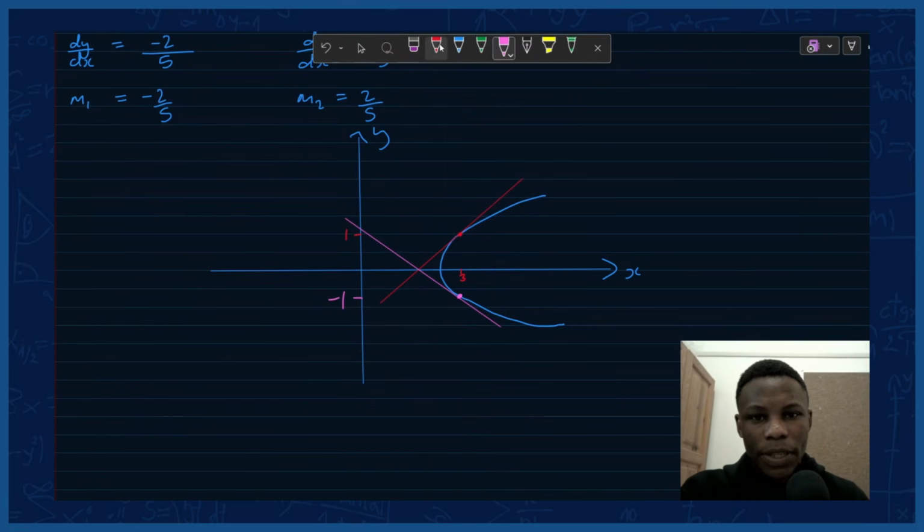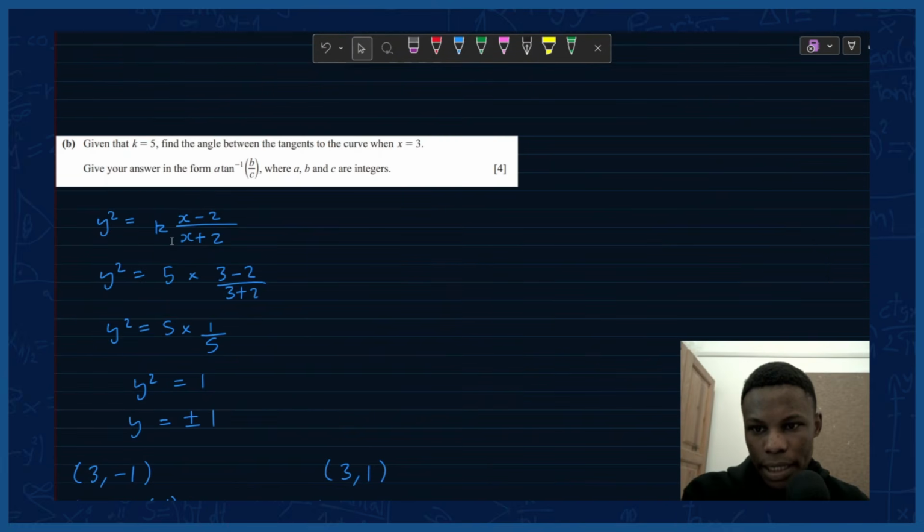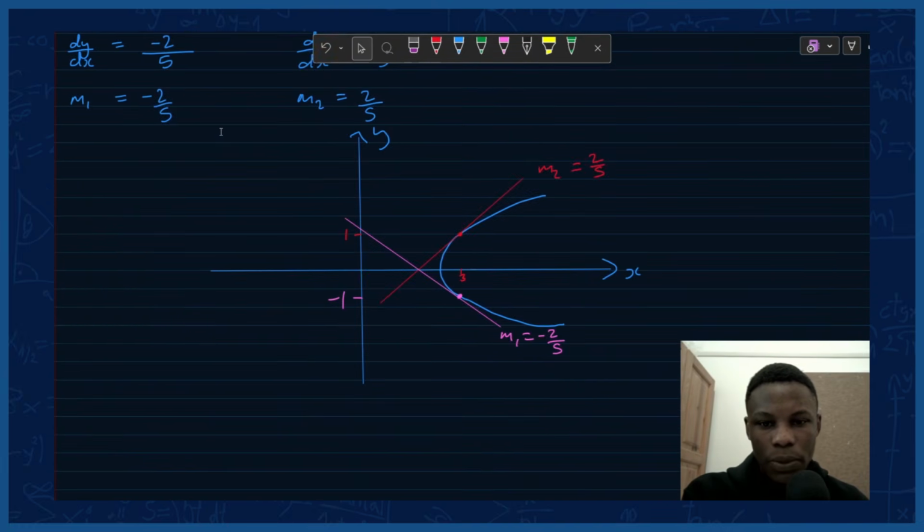The first tangent has a positive gradient, so it's m2, positive 2 over 5, and m1 is our negative 2 over 5. The question is asking us to find the angle between the tangents, so what we need to find is this green angle.